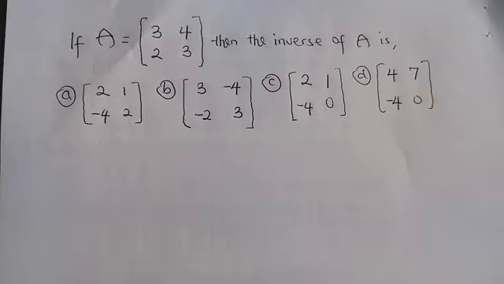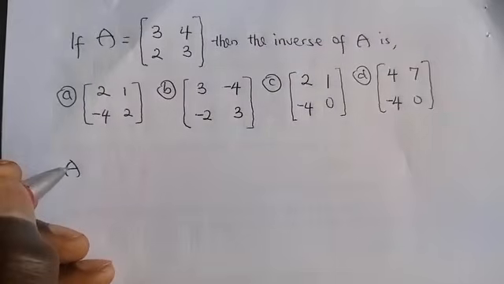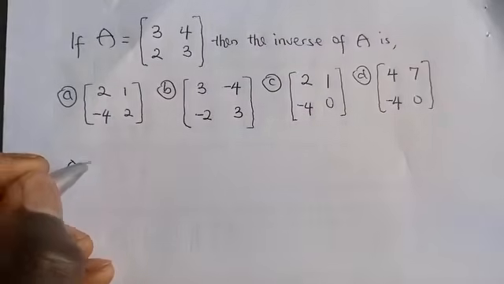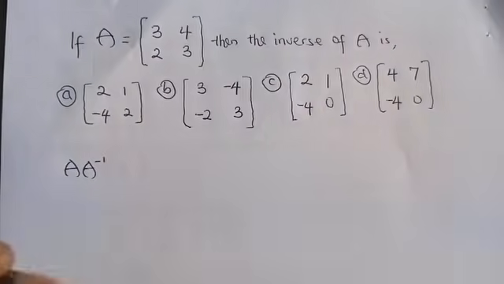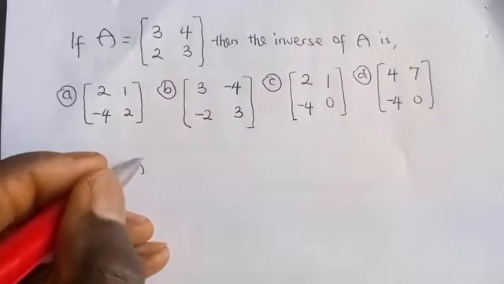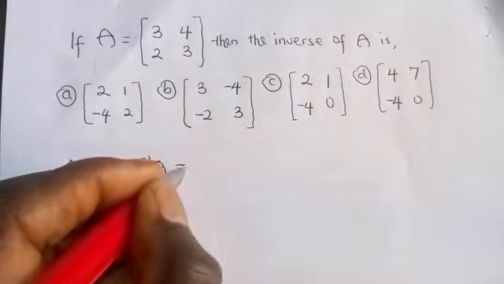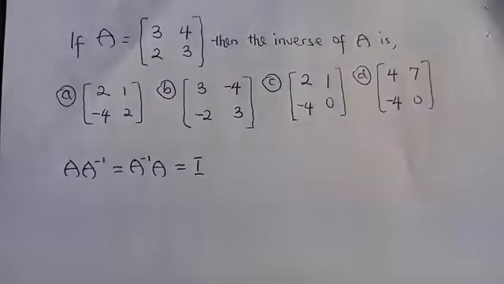A singular matrix has its determinant equal to 0. Then a matrix is said to be invertible if the determinant is not equal to 0. A matrix is also said to have an inverse if, when you multiply the matrix and the inverse of that matrix, it's equal to the inverse of the matrix multiplied by the matrix itself, and it's equal to identity.